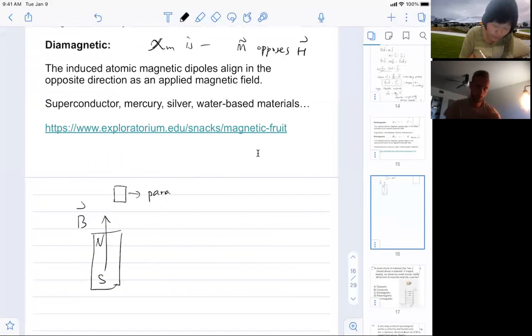So what would happen if they are aligned? These little dipoles have a little magnetic dipole in the same direction as your external B. The result is that you have induced little magnets within the material. It's as if this side is north and this side is south.